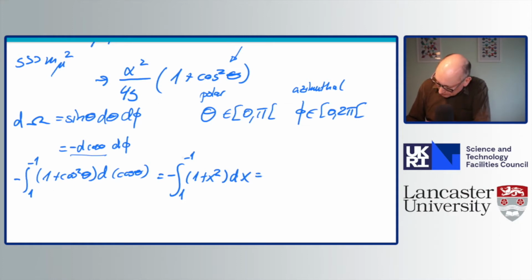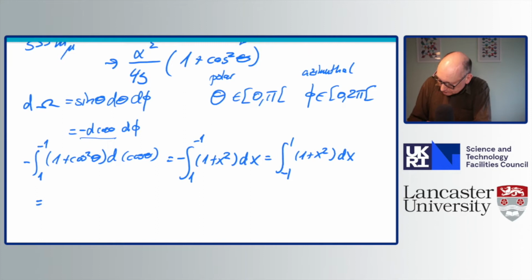But of course we just reverse the order for the integral, as the integral from minus 1 to 1 of 1 plus x squared dx, which is equal to: the integral of 1 from minus 1 to 1 is 2, and the integral of x squared from minus 1 to 1 is x cubed over 3 from minus 1 to 1, which gives 2/3.